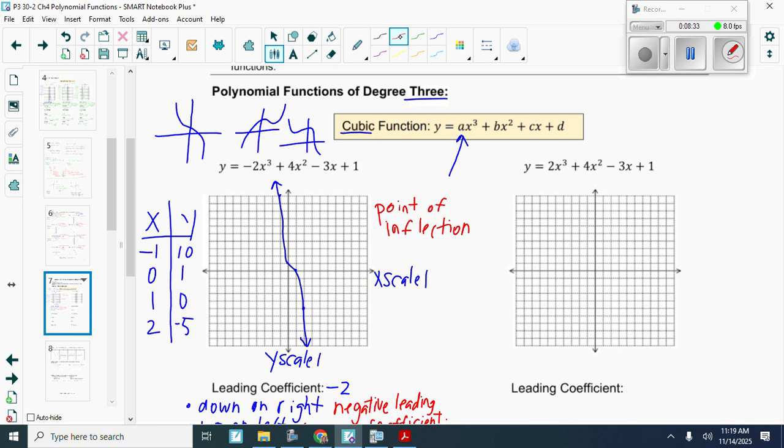A point of inflection is actually not a turning point, because it doesn't change direction. A turning point is only a min or a max, where you're going up and then suddenly you change direction and go down, or you were going down, you hit a minimum, you change direction and now you're going up. So a point of inflection is not a turning point.